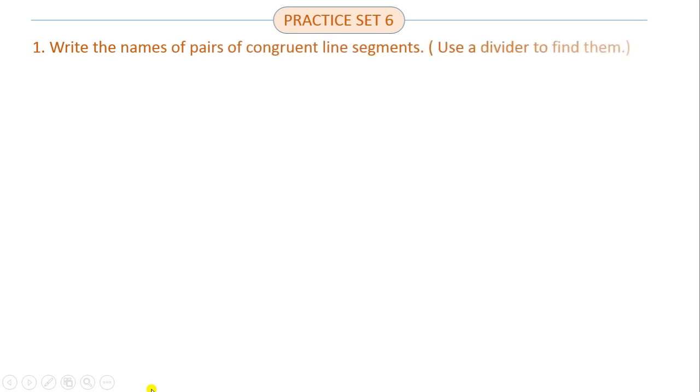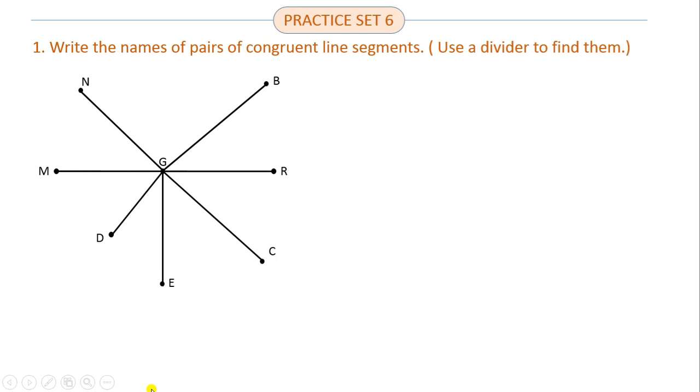Using this definition and the properties of congruency of segments, we try to solve practice set number 6. Question number 1 is, write the names of pairs of congruent line segments. Use a divider to find them. They gave us a diagram.